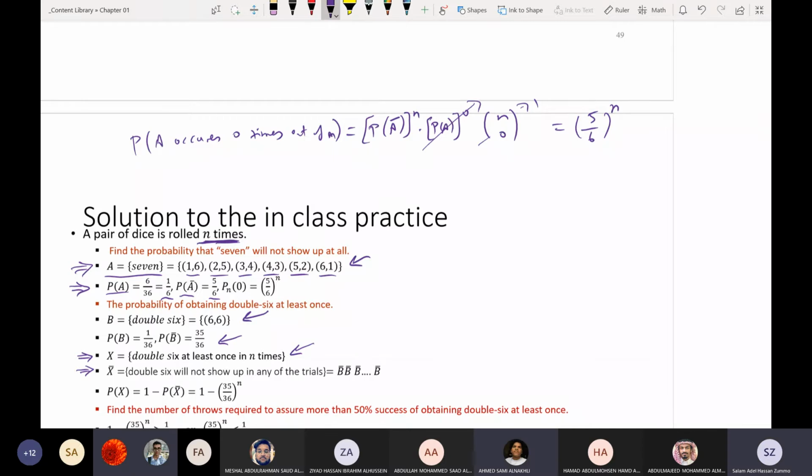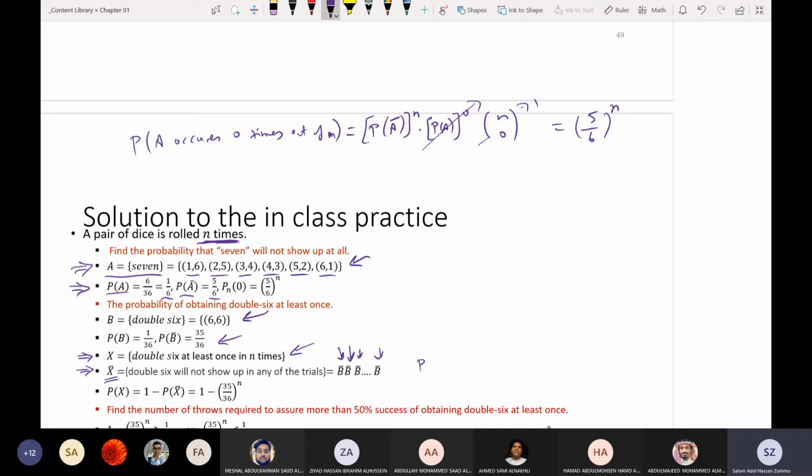صحيح. And the probability of this complement of X equals the probability of no double six in the first time, which is B complement. يعني X complement happens if B complement happens in the first time, B complement happens in the second time. B complement معناها no double six in one time. B complement happens in the third time, and so on until the nth time.